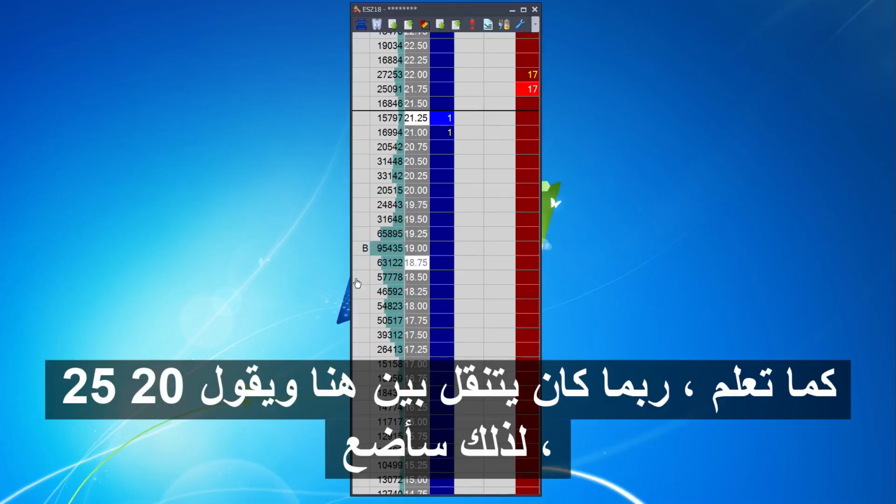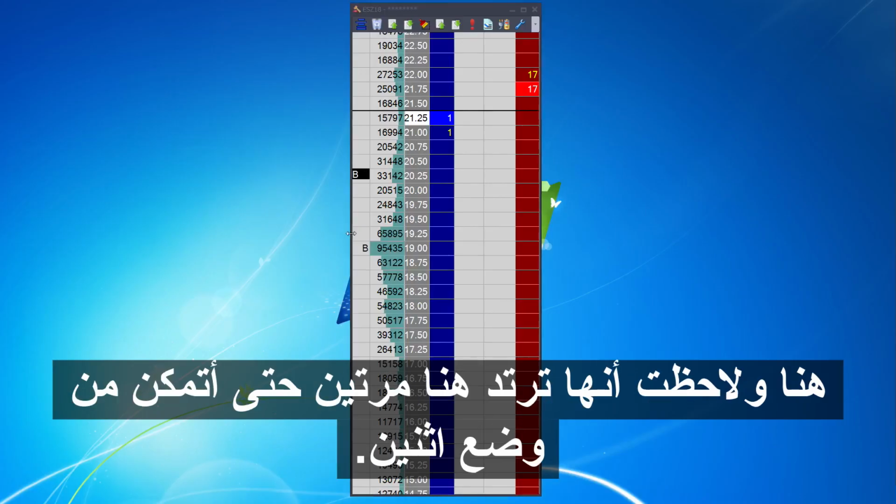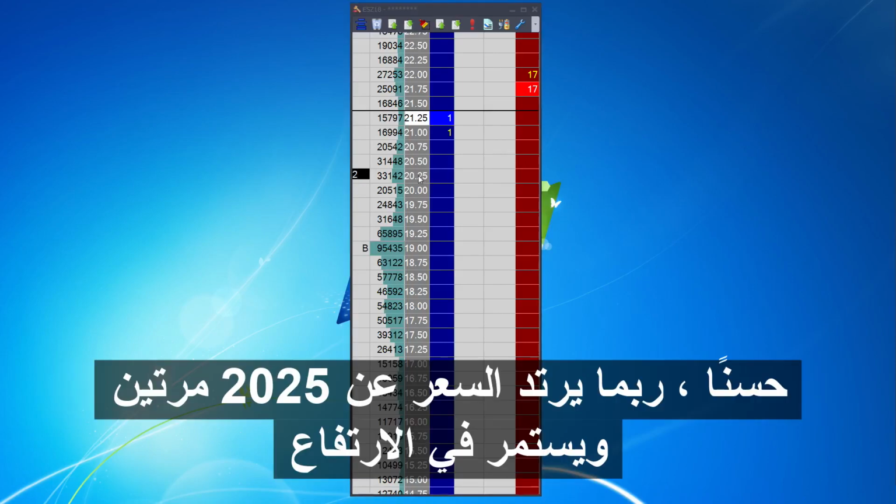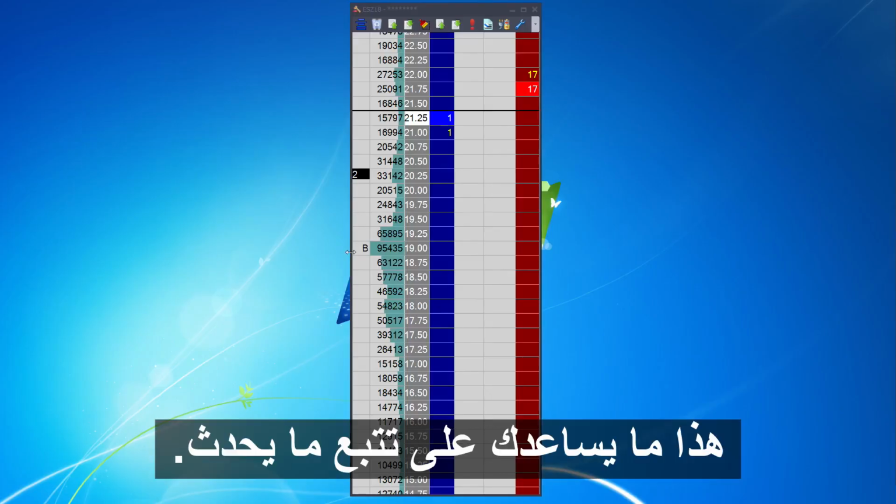Maybe it's bouncing between here and say 20.25. So I'll put here, and I notice that it bounces off here twice, so I can put 2. Okay, maybe the price bounced off 20.25 two times and it keeps going down. So that helps you keep track of what's going on.